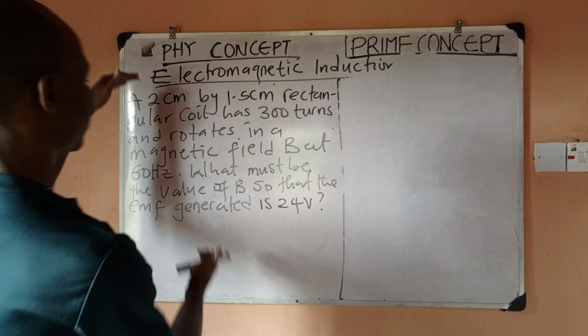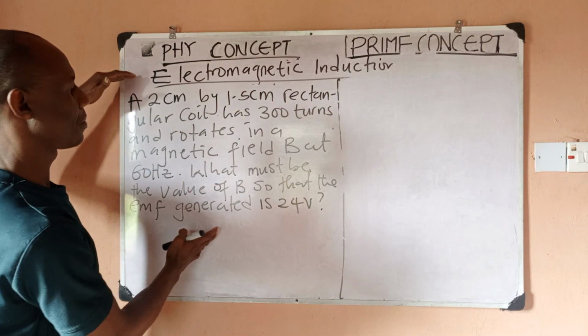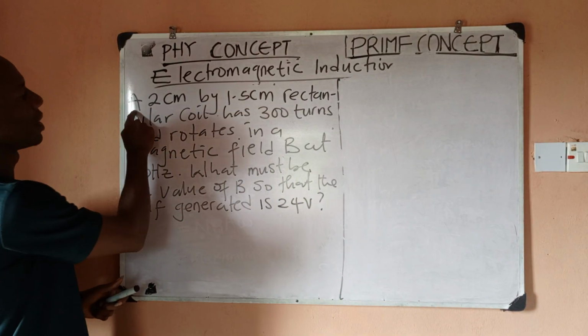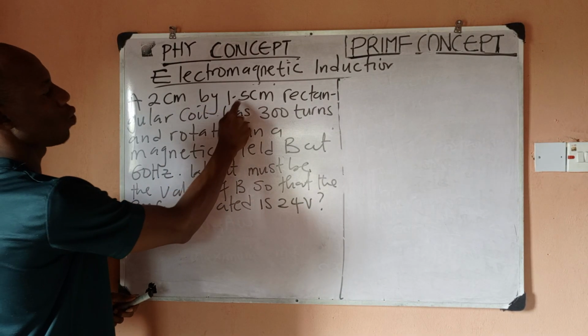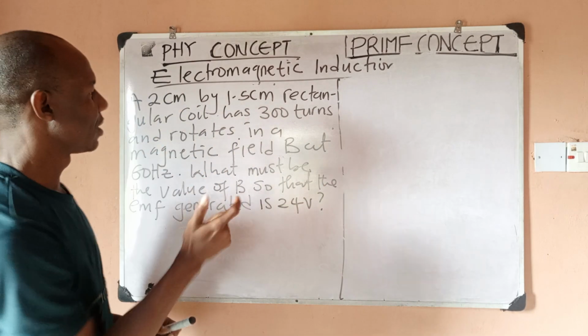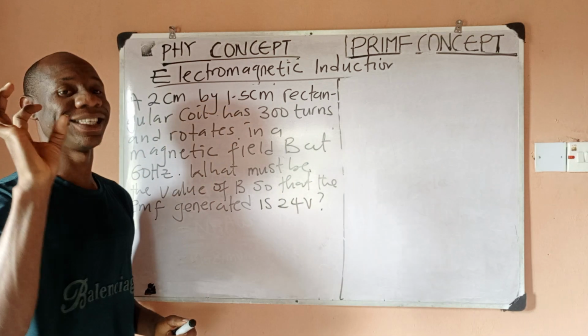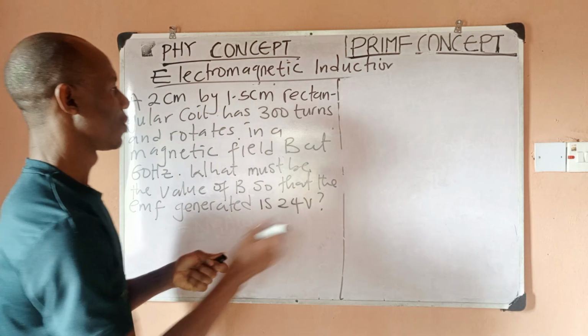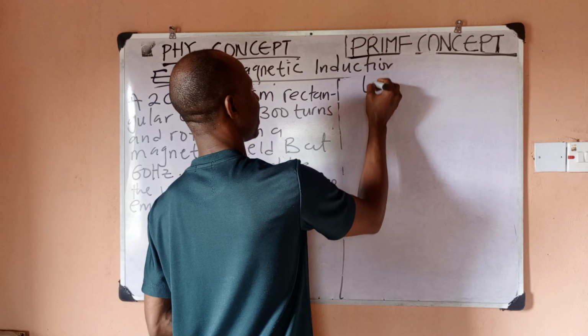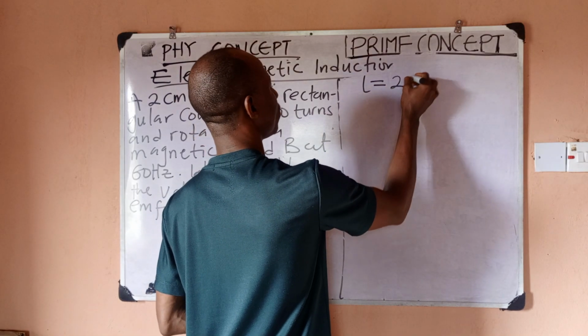All right, so let's look at this first problem that will illustrate Faraday's concept. We have a 2 cm by 1.5 cm rectangular coil. So they've given us parameters to determine the area of the coil, which is rectangular. First, let's say the length is 2 cm.